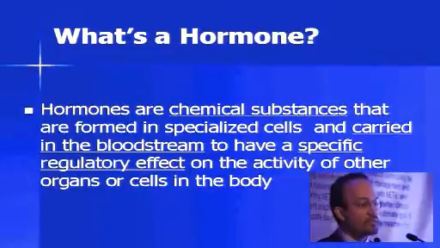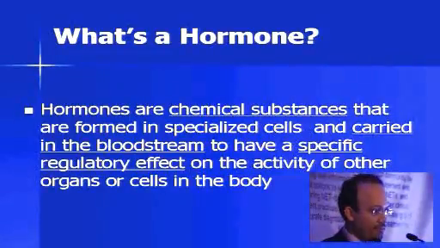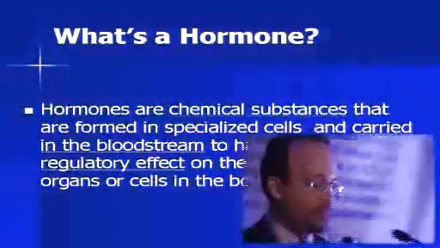There are also hormones that can act on cells in very close proximity, but the typical definition of hormones are those that travel through the circulation, and in that way access the target cells and have a regulatory effect on those.